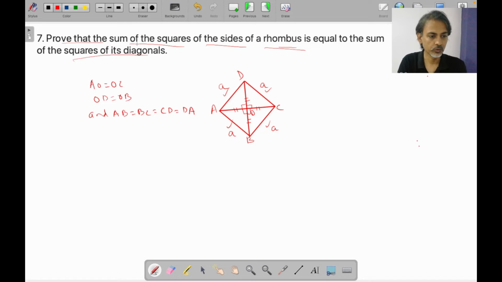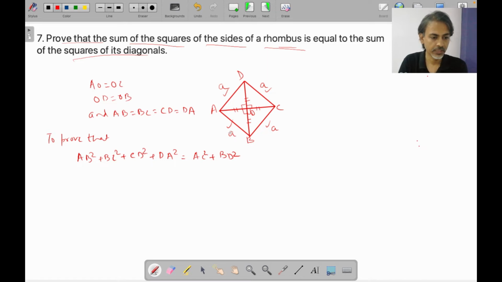What we need to prove is the sum of the squares of the sides of a rhombus. So we need to prove that AB square plus BC square plus CD square plus DA square is equal to the sum of the squares of its diagonals, that is, AC square plus BD square.